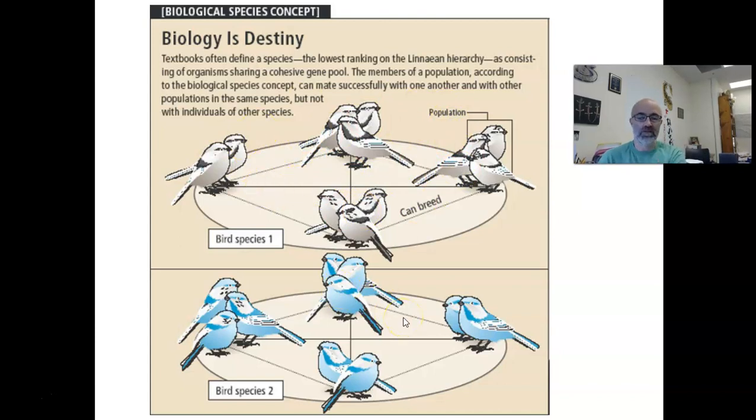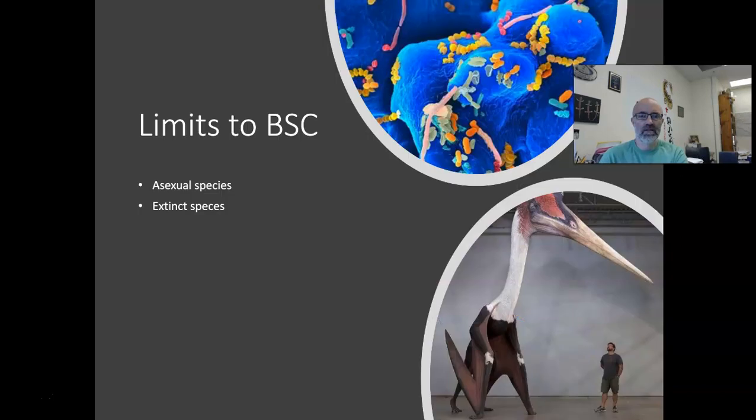So here's another biological species of birds. And basically what we see is this pool and this pool, under natural normal circumstances, do not mix. Okay, so there's no gene flow between populations. Seems very simple, right? We're not going to spend a lot of time on this, but there are some real limitations to this, right?